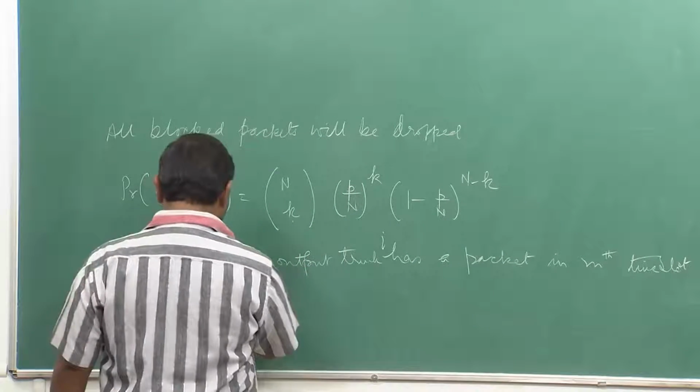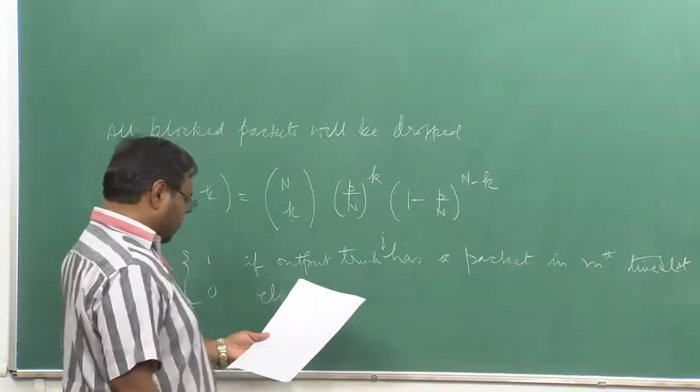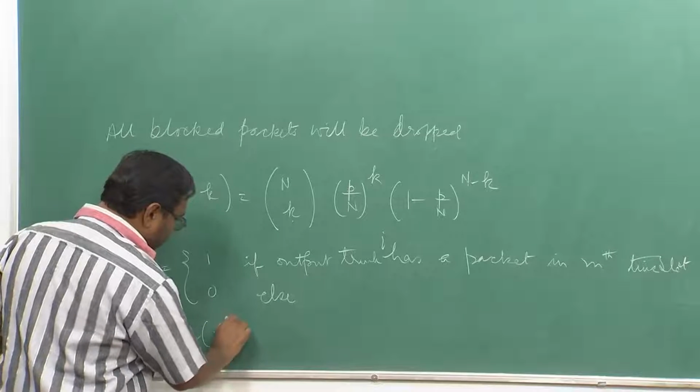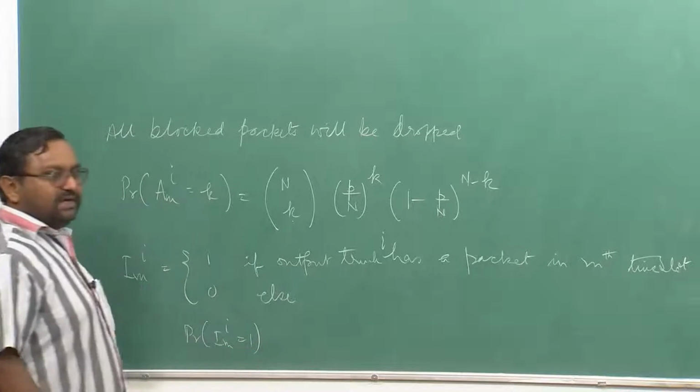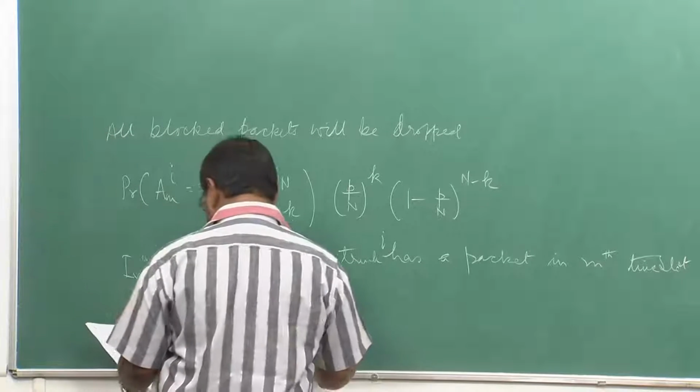Else it will be 0. So, you have to just find out what is the probability that A_i is equal to 1. So, that is the throughput of an output link. Okay. So, that is the throughput.